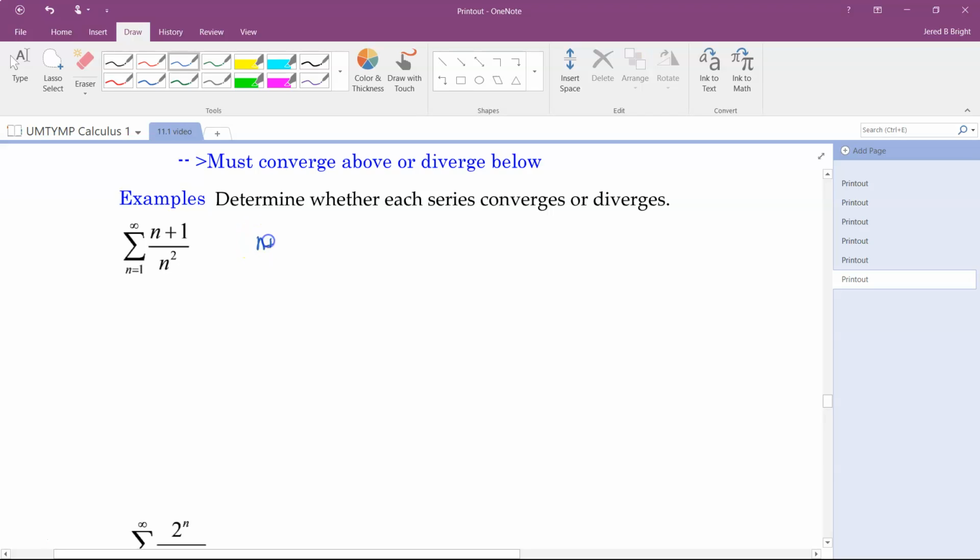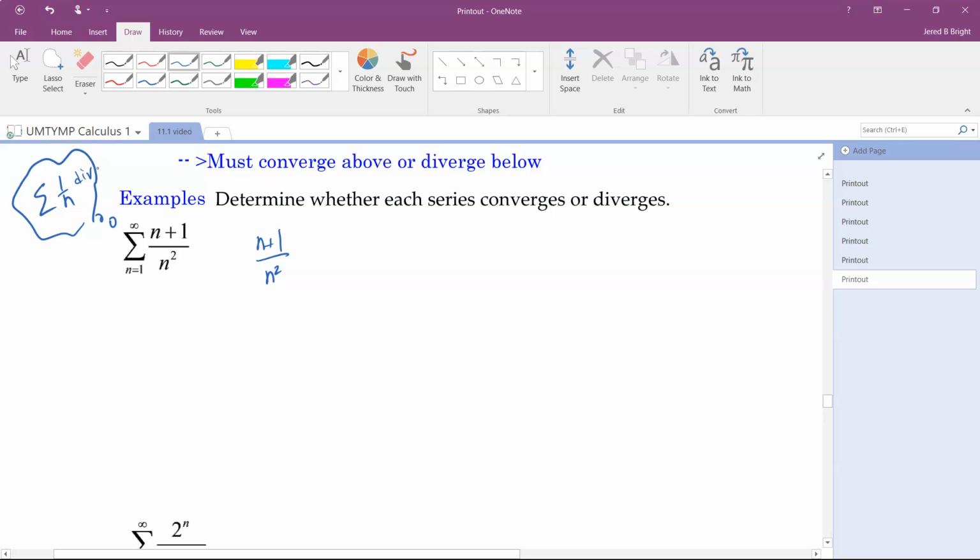and you want to compare the sequences, not necessarily the sums. If we look at the sequence n plus 1 over n squared, my intuition says that for very large values of n, this looks a lot like the series 1 over n, and I know this is divergent.